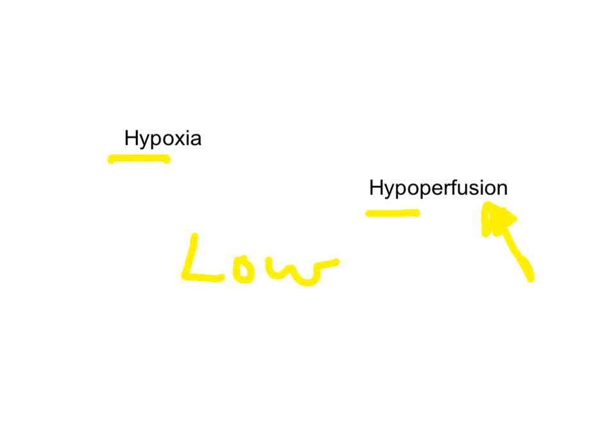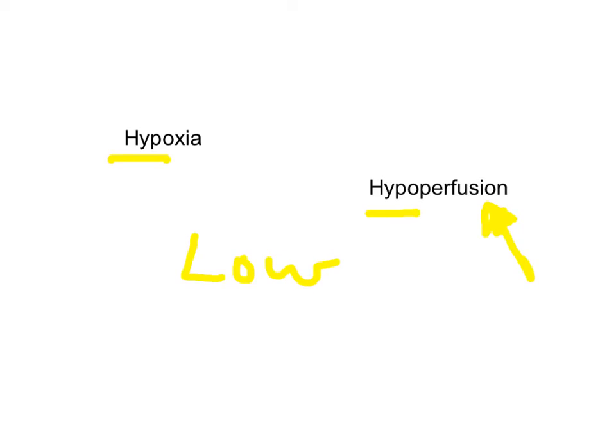About every 20 seconds or so, a blood cell goes out to a cell in the periphery, drops off, picks up, comes back, and gets circulated around. So hypoperfusion is when there's inadequate circulation, there's inadequate delivery of blood to the cells, and that could be a cause for hypoxia.